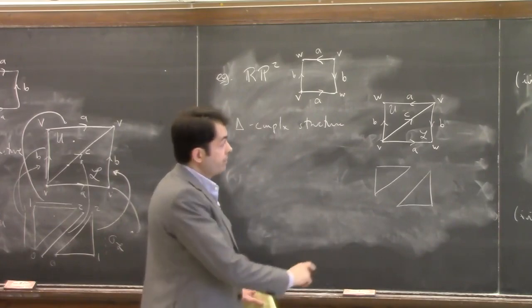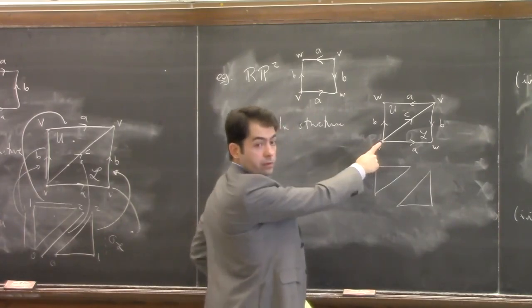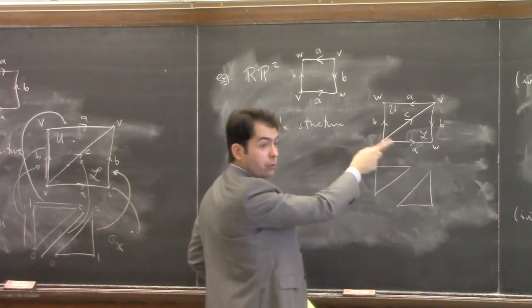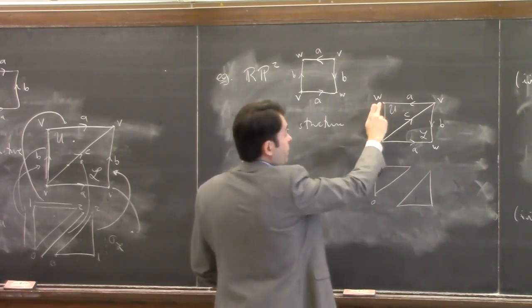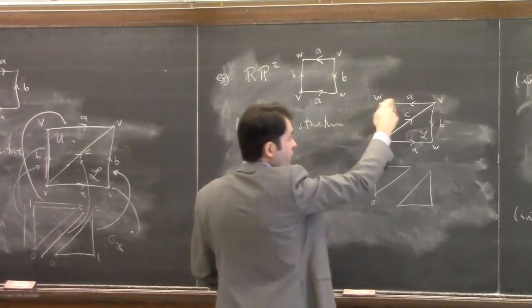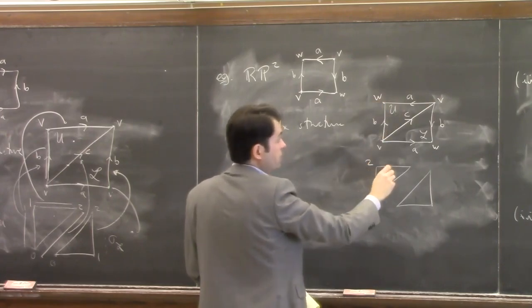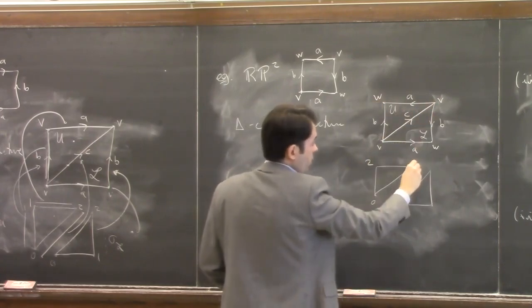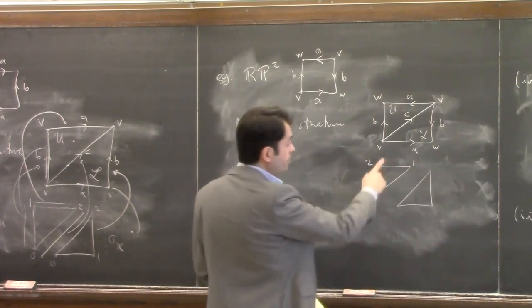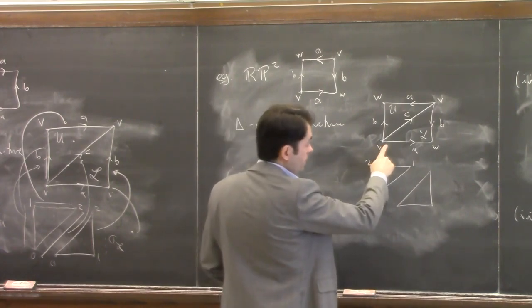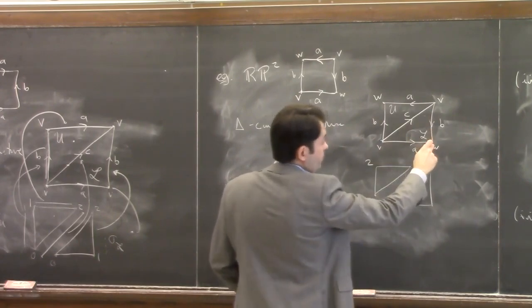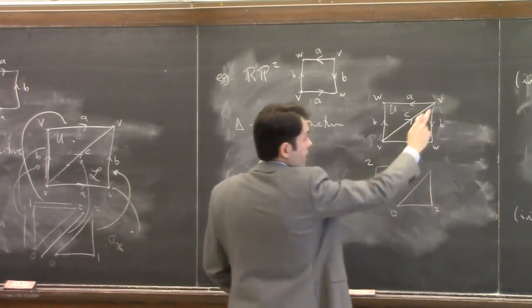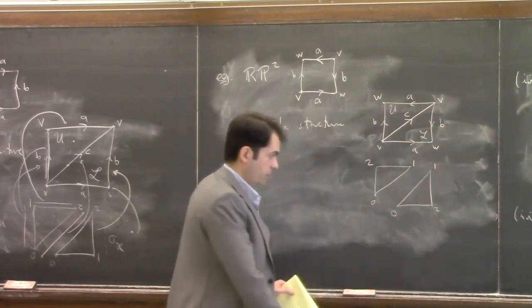This vertex has both arrows pointing out, so that's got to be the 0. This one has both edges coming in, so that's got to be 2. And this one has one in, one out, so it's got to be 1. Same thing with this one. We have two edges going out, so it's got to be 0. Two edges coming in over here, so it's got to be 2. And one in, one out there, so that's 1.